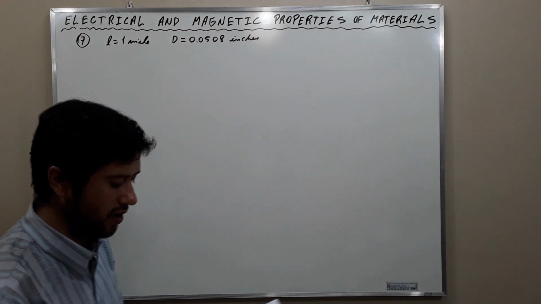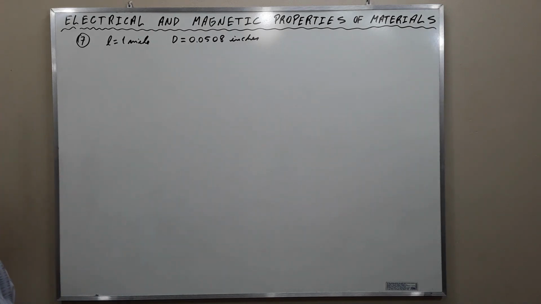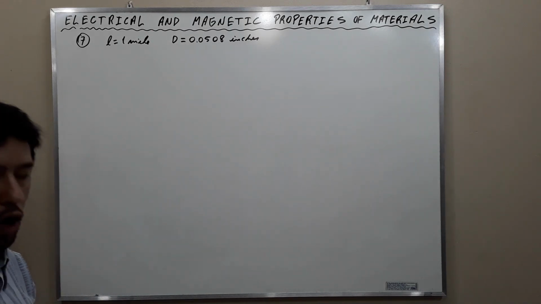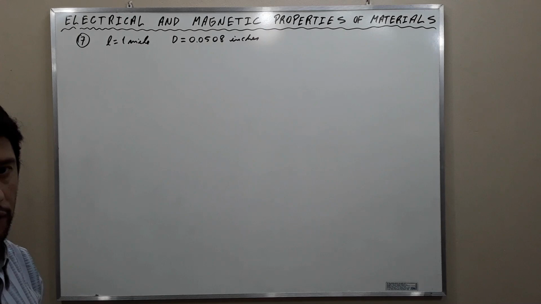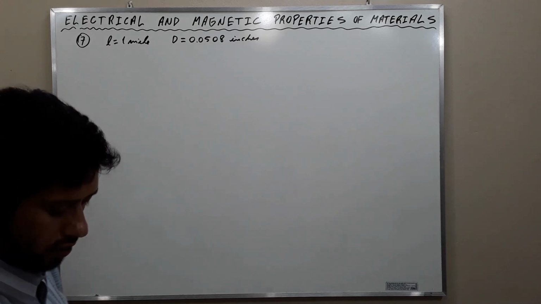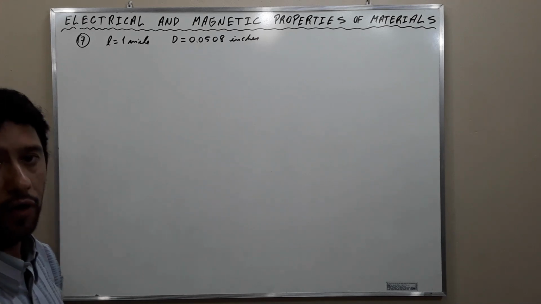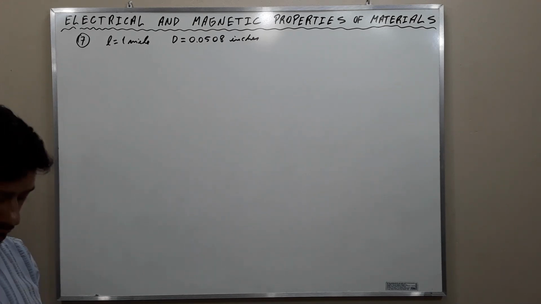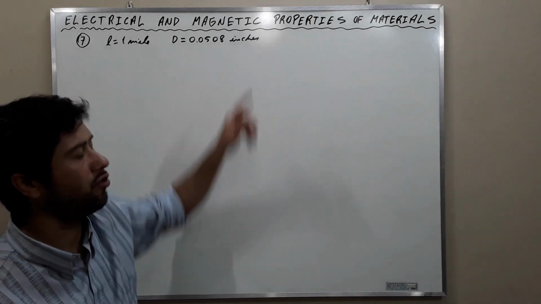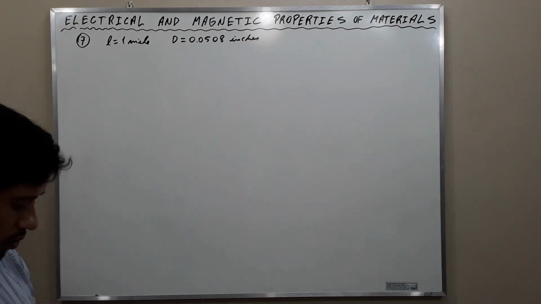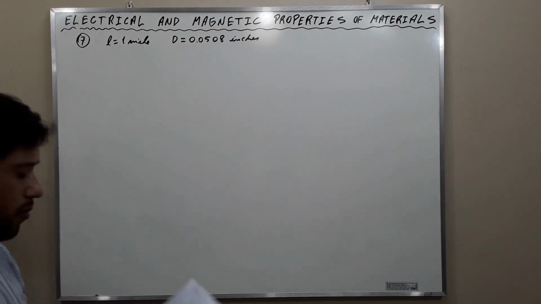Exercise number 7. Find the resistance of a 1 mile length of copper wire which has a diameter of 0.0508 inches. Okay, this is the exercise. Let's go to the solution. First of all, we are going to carry out unit conversion. We are going to pass from miles and inches to meters. Firstly, the diameter.